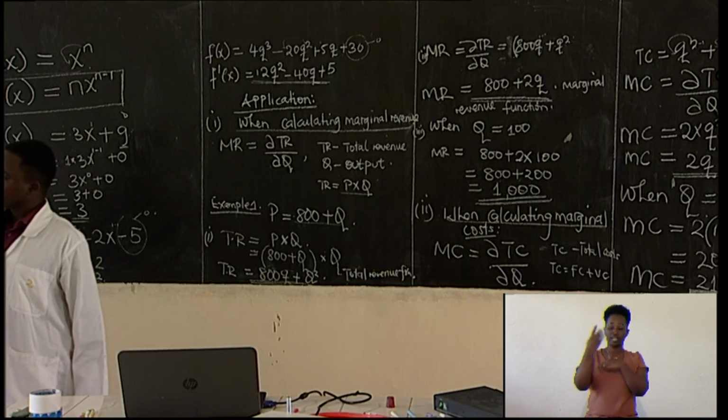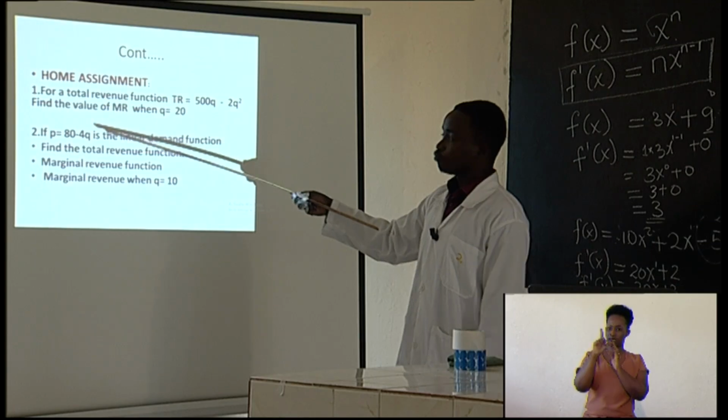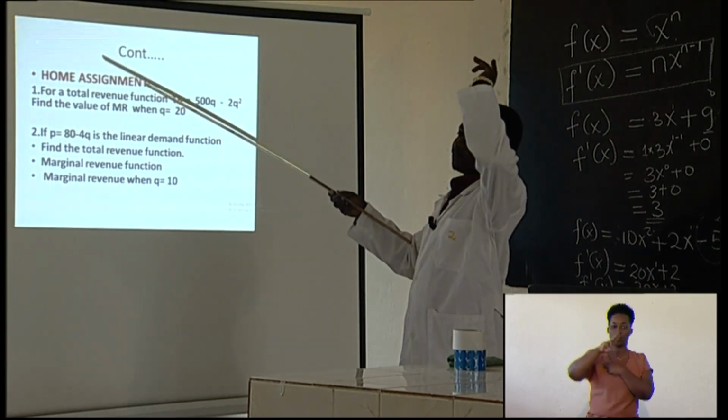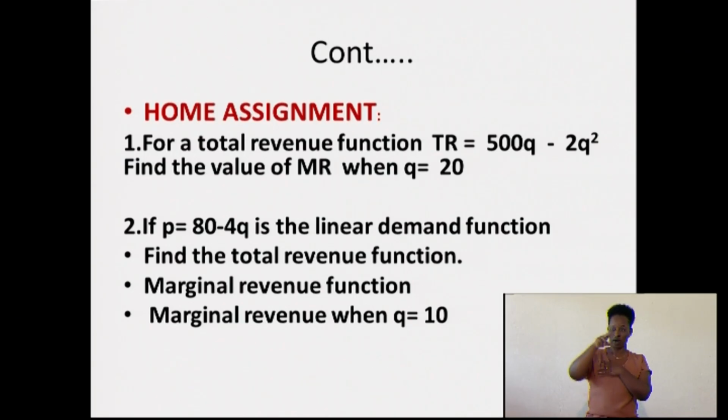Then question 2: if P equals 80 minus 4Q is the linear demand function. This is a linear demand function. It is not quadratic. A quadratic function has degree 2 and above. So this is a linear function because the highest power of Q is 1. Find the total revenue function.